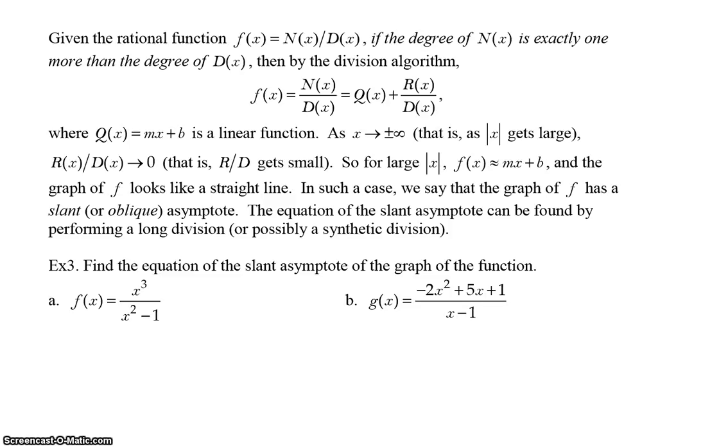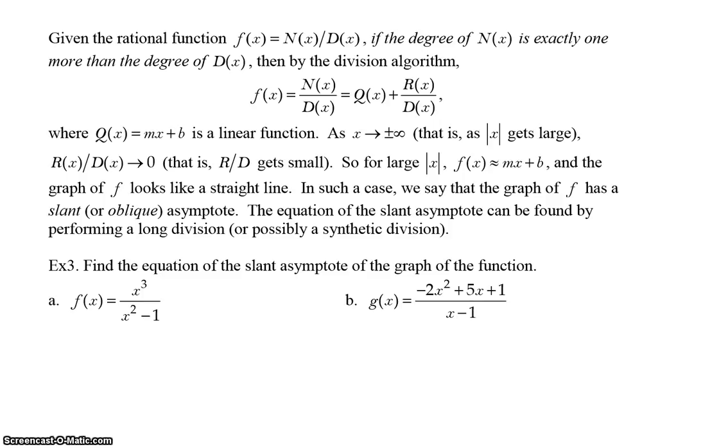It must have the form q of x equals mx plus b, that is, y equals mx plus b, because the degree of the numerator is exactly 1 more than the denominator. The quotient will always be a first degree linear function.